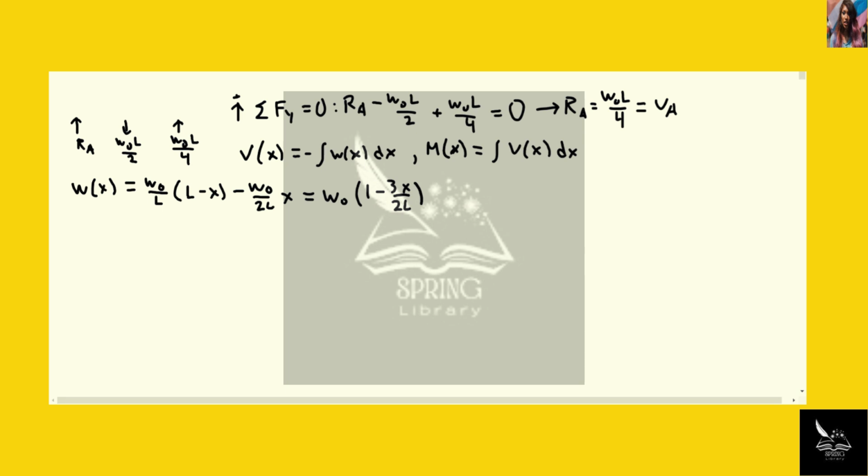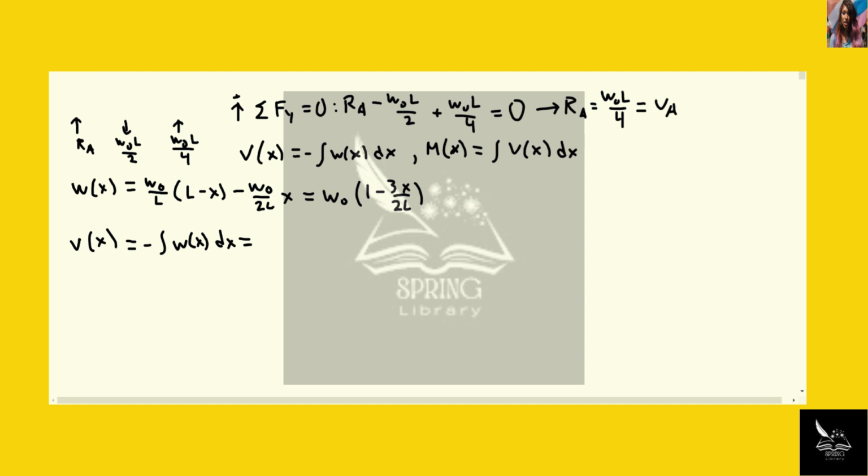We'll use our initial condition that the shear at A is equal to the reaction at A, W0L over 4. All right, so we get V of x equal to minus integral W of x.